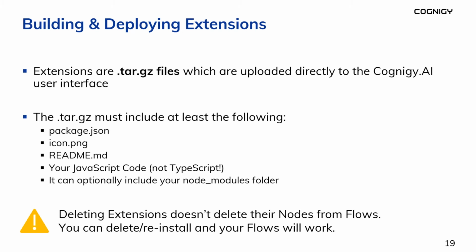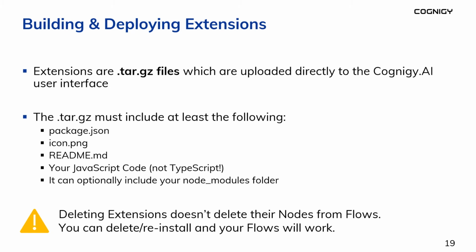One important thing, of course, you're going to iterate on your extension, right? You're going to build a first version, and then you're going to build a second version of it. And maybe you've already used nodes of your first extension somewhere in your flows, and you don't want to recreate everything. Now, when you go into the extension upload, you can delete your existing extension. This will not delete the nodes in your flows. They will still be there.